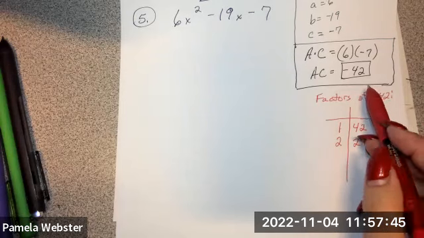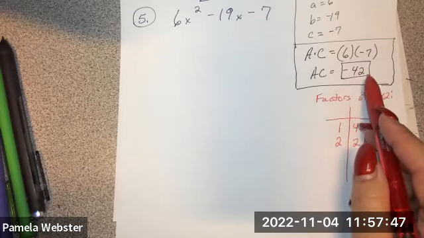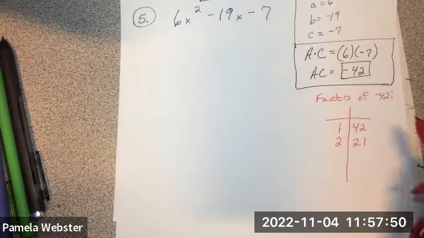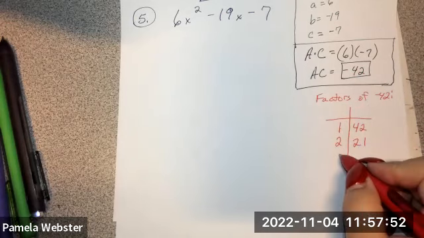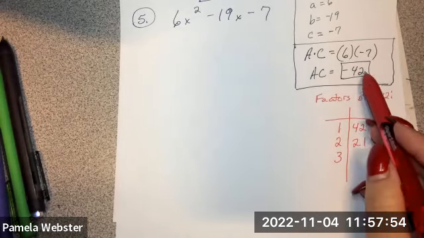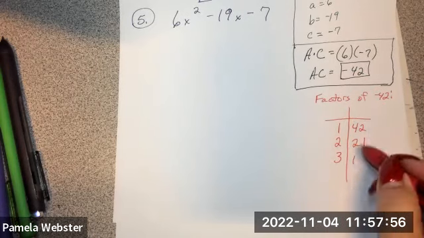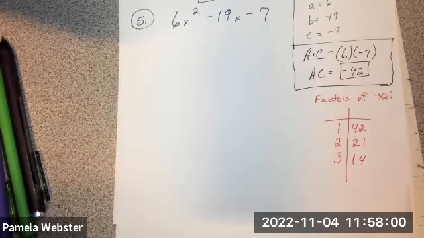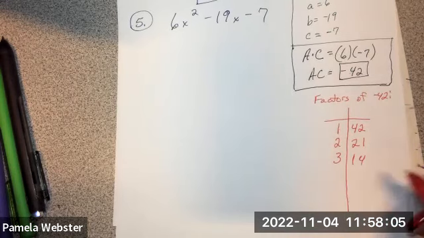And then I'm going to use my little divisibility rule. 4 plus 2 is 6. 6 is divisible by 3. So therefore 42 is divisible by 3. So 3 goes into 42, let's see, that'll be 14 times. Okay. And then I'm just listing the factors right now. We'll deal with positives and negatives in a minute.